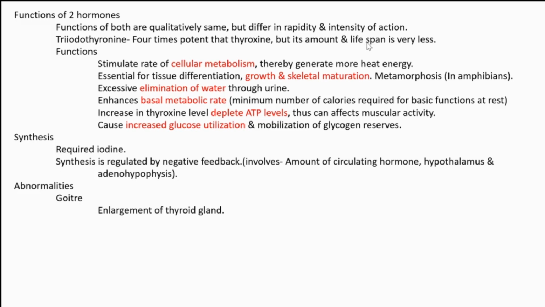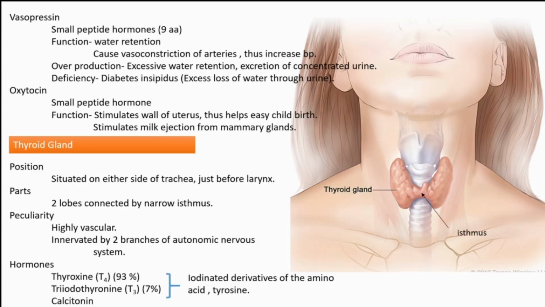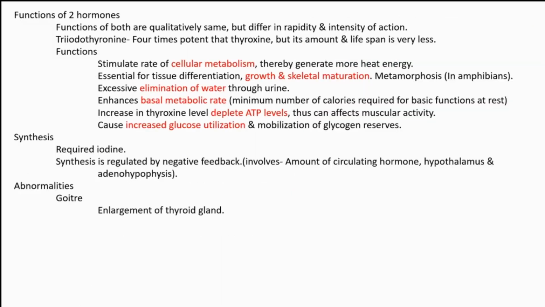It is soon destroyed after use, and it is produced only in the least amount, as you have already seen in the slide that we just passed. It's only 7% triiodothyronine, but up to 93% of the hormones produced by the thyroid gland is thyroxine.